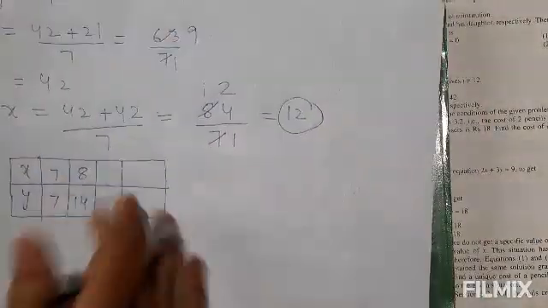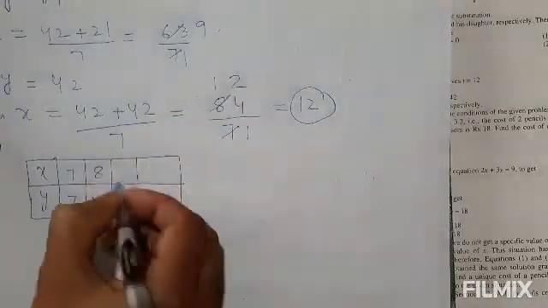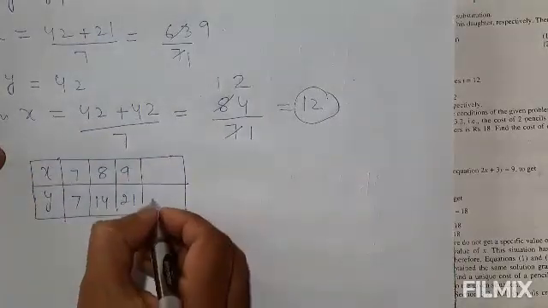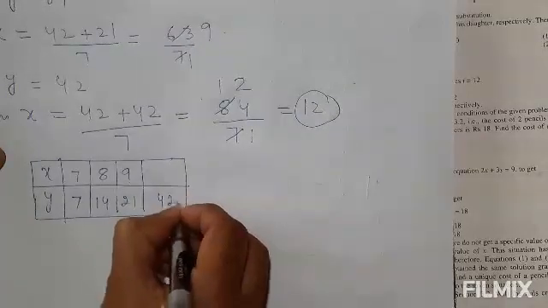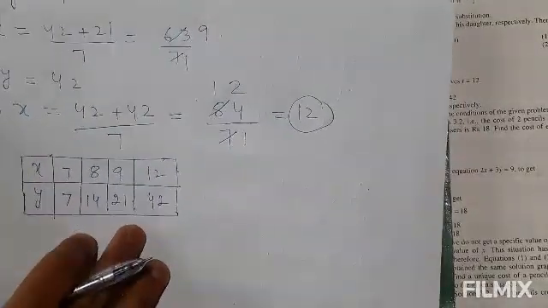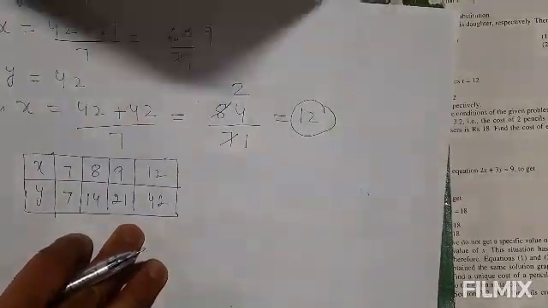In the third step, we got y as 21, and the value of x is 9. And in this last step, we have y as 42 and x as 12.